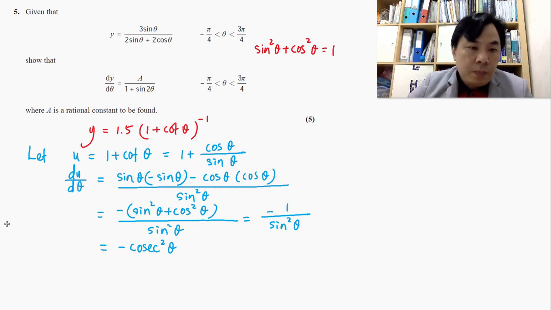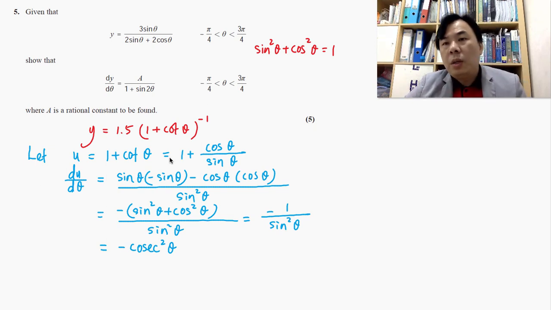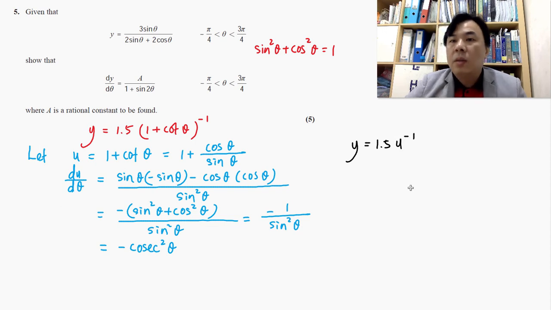And then don't forget, since we substitute this term here as u, therefore our y would be 1.5 u to the power of negative 1 in this case. Therefore, we need to proceed by differentiating this with respect to u.